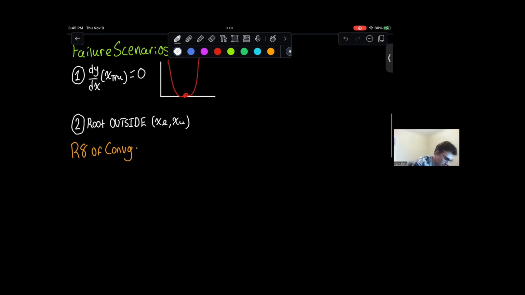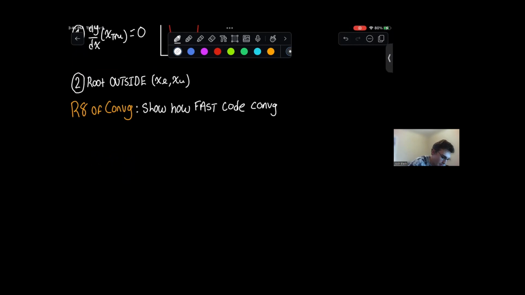So rate of convergence is going to show how fast code converges, and more specifically, the number of iterations it takes to converge.